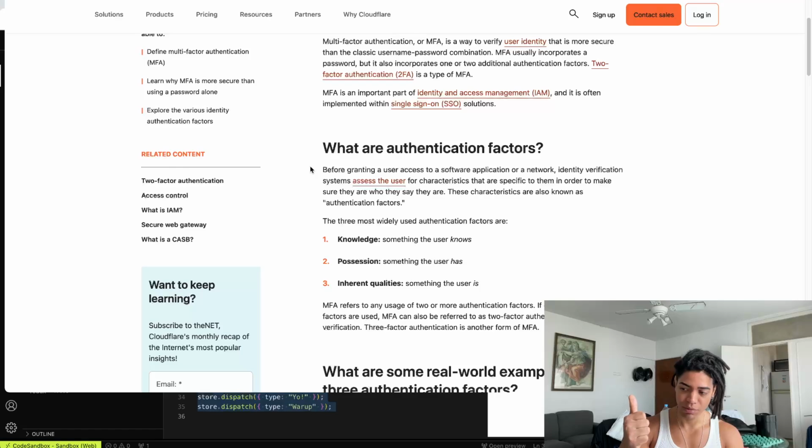Possession is something the user has, some sort of credential, personal data, or biometrics, and this is when things get really scary. But most of the time it's credentials. And inherent qualities is something the user is.